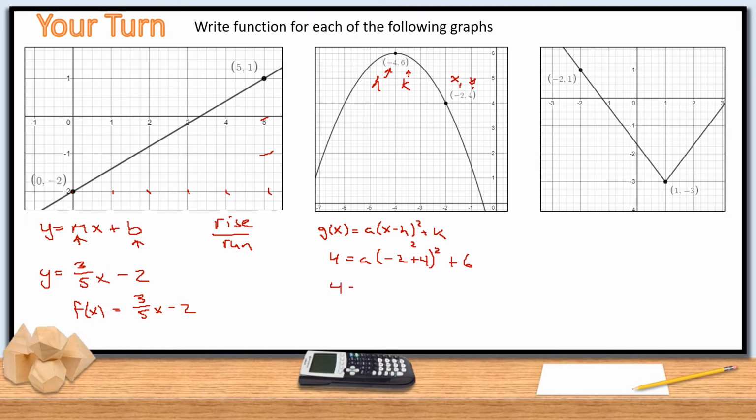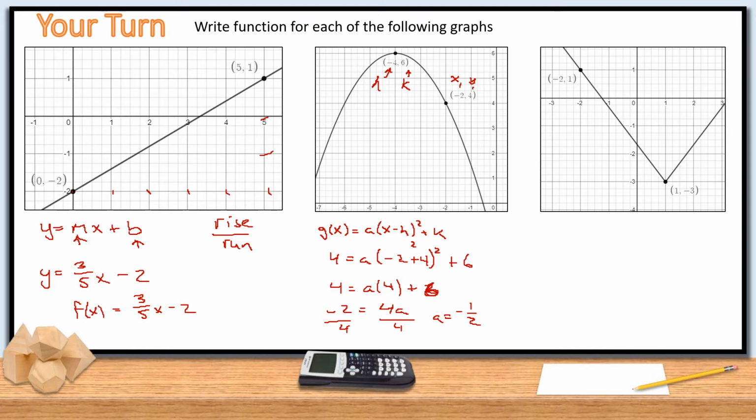So we're going to have 4 equals a times 4 plus 6. Subtract the 6 from both sides, minus 2 equals 4a. Divide by 4. So a is minus a half.